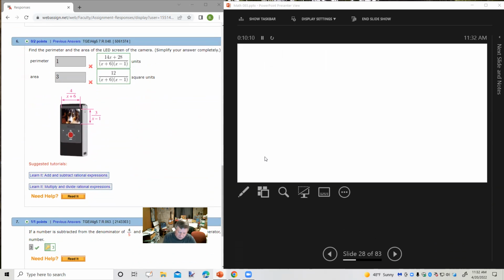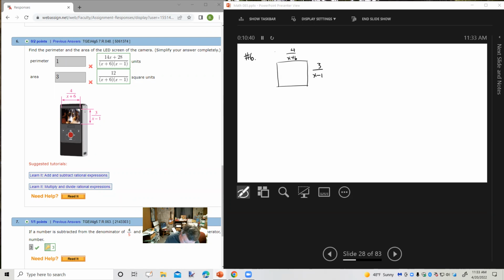All right, let's take a look at number 6, also from the chapter review. It says, find the perimeter and the area of the LED screen of the camera. Simplify your answer completely. All right, so we've got a rectangle, and across the top, it's 4 over x plus 6 units, and the height 3 over x minus 1 units.